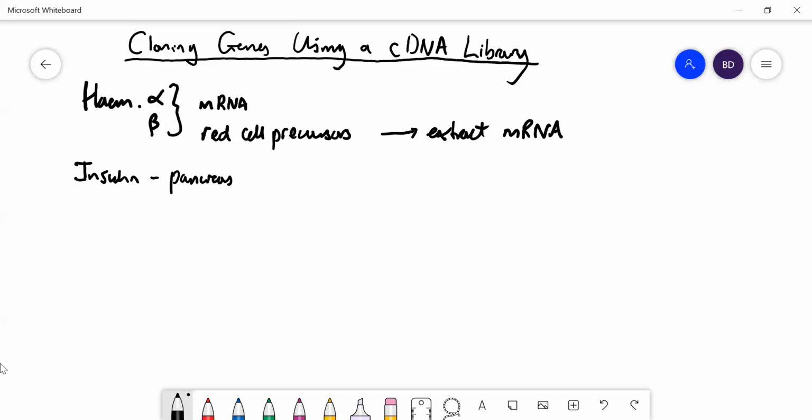We won't go into the details of that, but just remember the reason why we're going for mRNA is because it's fairly simple. When you first make the RNA, there are the coding regions, and these red bits are the introns, and they're non-coding. And what happens in the processing of the RNA, of course, is those introns are spliced out.